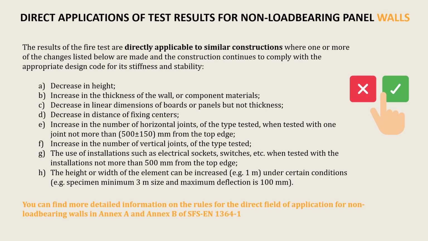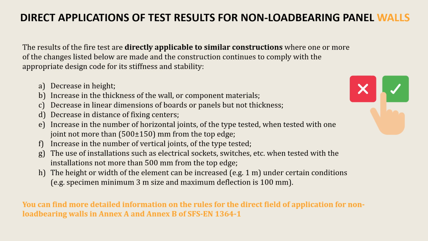This slide explains the direct applications of fire test results for non-load-bearing panel walls, emphasizing the conditions under which results can be applied to similar constructions. Test results remain valid for constructions with minor modifications as long as stiffness and stability are maintained according to design codes.